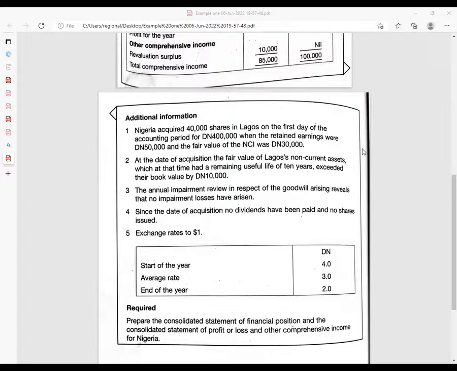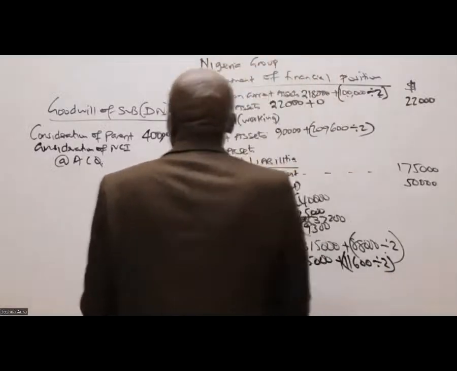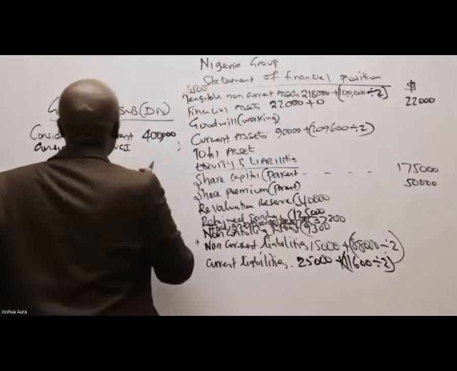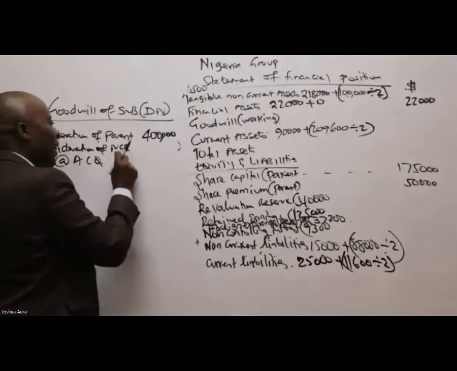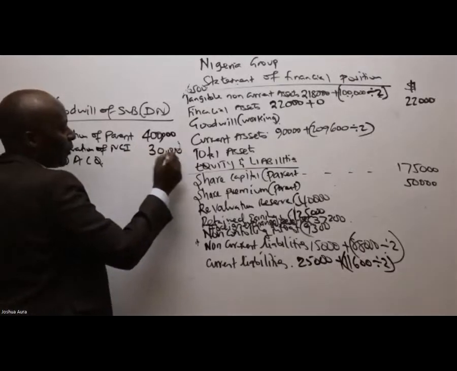You're told somewhere here: Nigeria acquired 40,000 shares in Lagos on the first day of the accounting period, when the retained earnings were DN 50,000, and the fair value of NCI was 30,000 DN. So everything is in terms of DN. Again, the consideration of the NCI at the date of acquisition is 30,000.